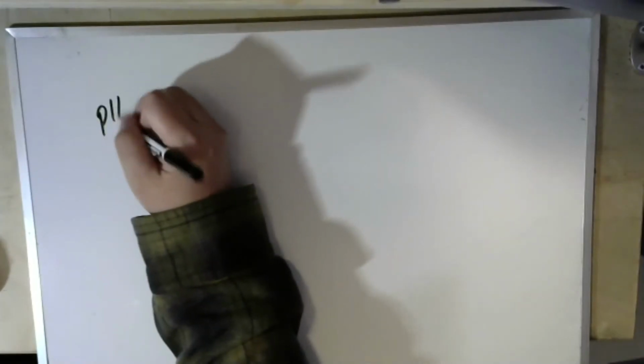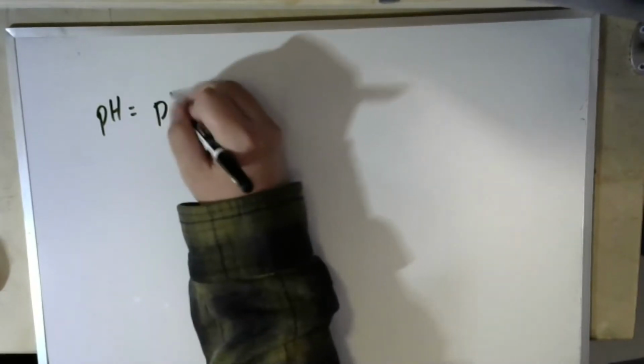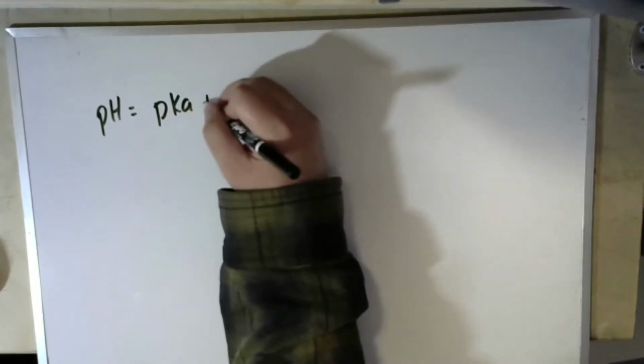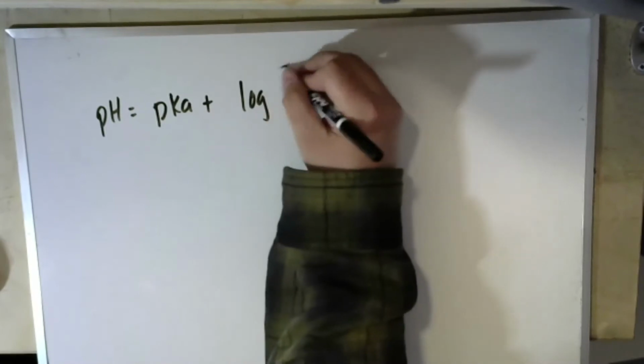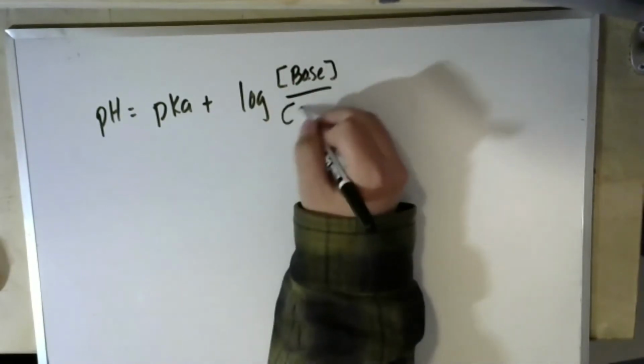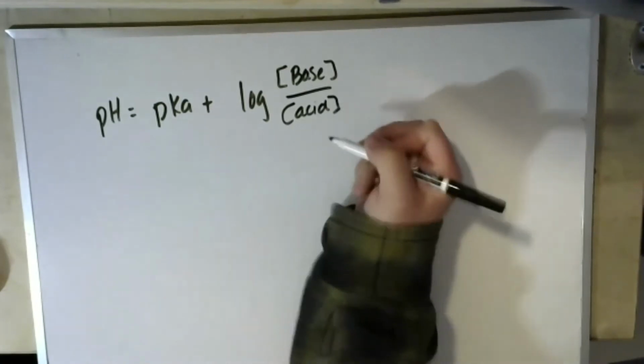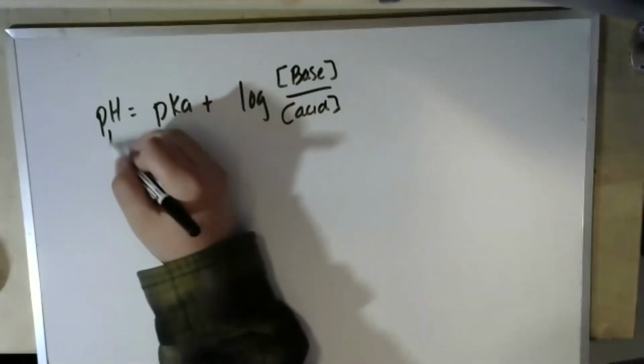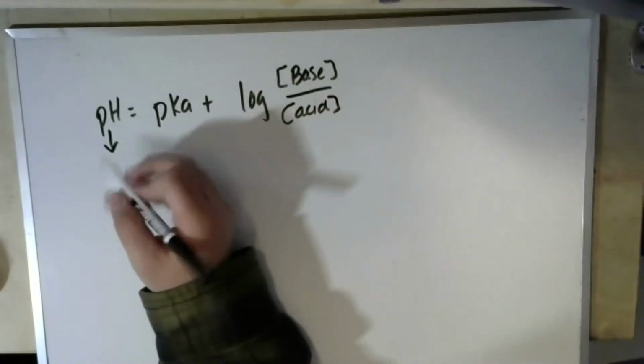We know that the pH of our buffer is going to be equal to the pKa plus the log of our base concentration over our acid concentration, right? We also know certain things from this question. We know that the pH that we're looking for is 7.35.